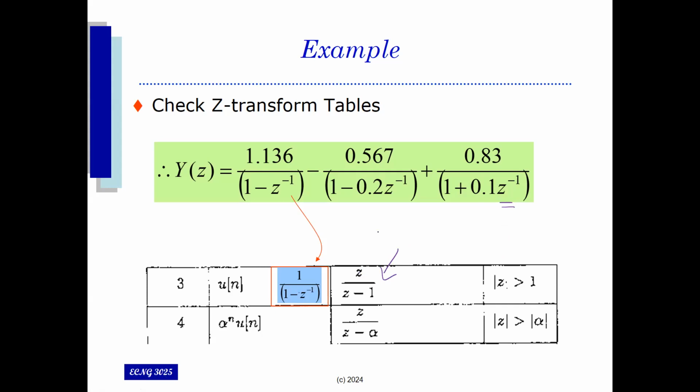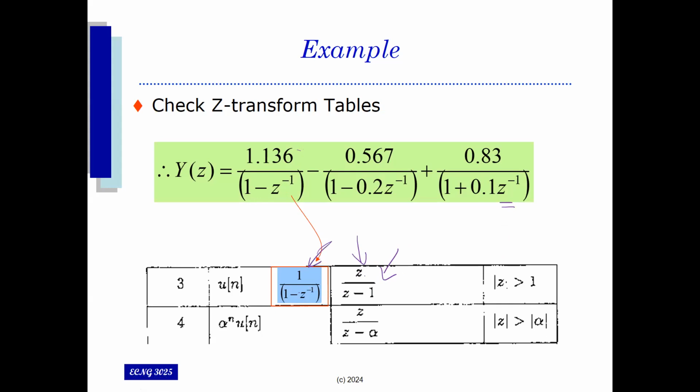This and this are the same thing. So if your table is only in positive index, I can multiply this by z over z and get it into this form, or I multiply this by z minus 1 over z minus 1 and get it into the form that we actually prefer.